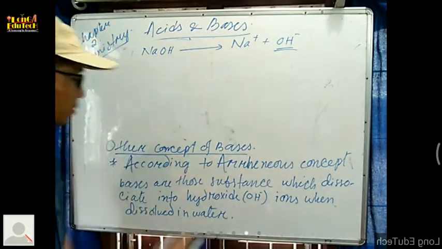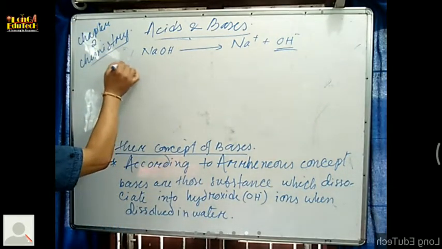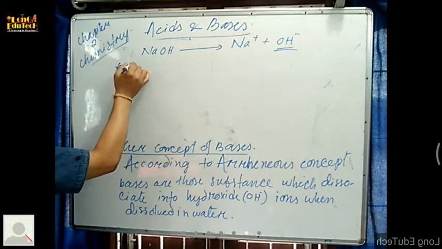So this is the Arrhenius concept, and another one is the Bronsted-Lowry concept.